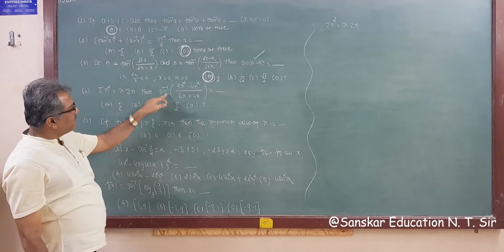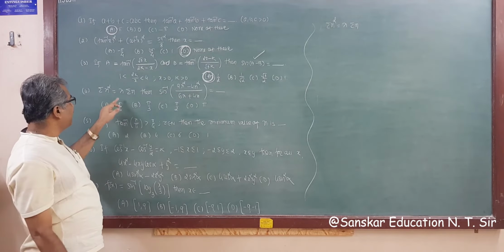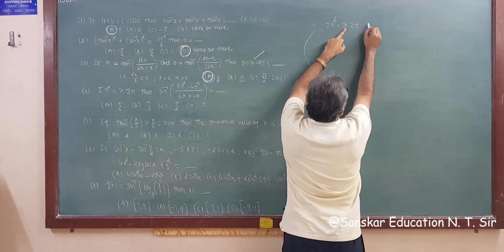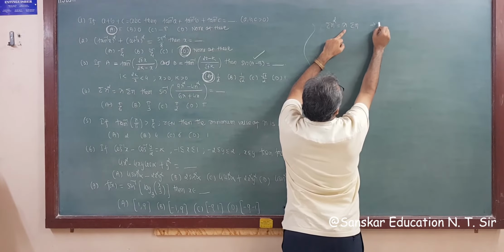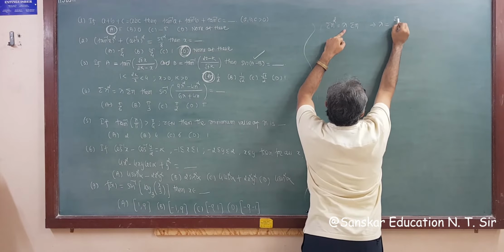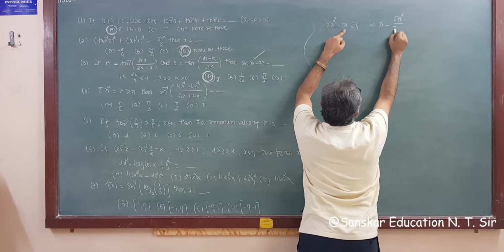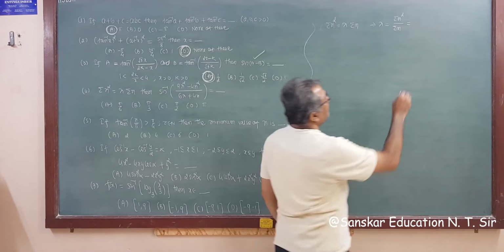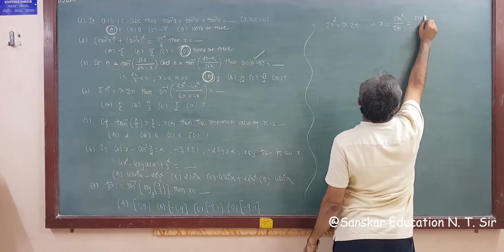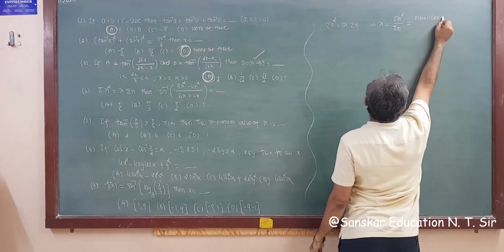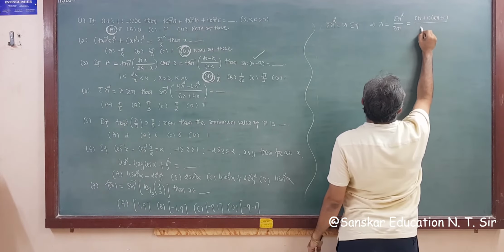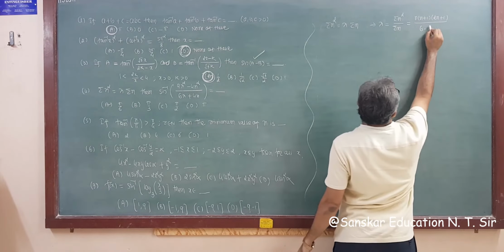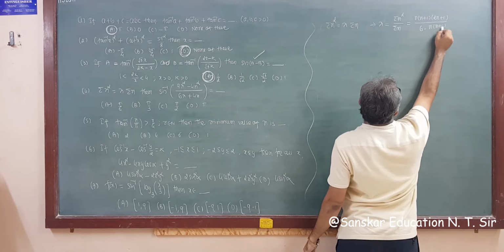Then sine inverse of 9 lambda square... we have to find out the value of lambda from here, right? So if we make lambda the subject, this implies lambda is equal to sigma n square upon sigma n, and you know the sigma n square formula, n into n plus 1 into twice n plus 1 by 6, and the sigma n formula, n into n plus 1 by 2.